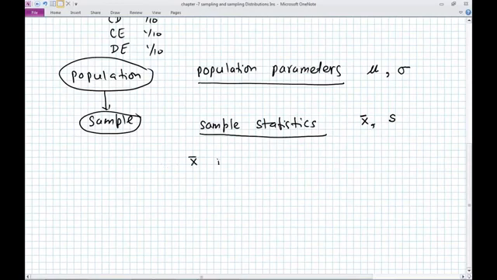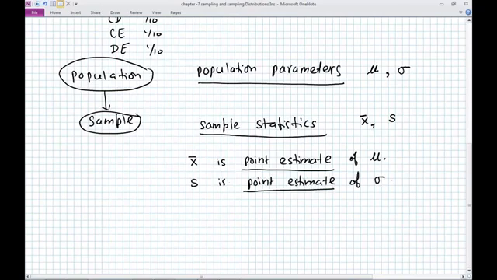So x bar is called the point estimate of mu. It is called point estimate of mu because it's a single point. Similarly, s is the point estimate of population standard deviation sigma.